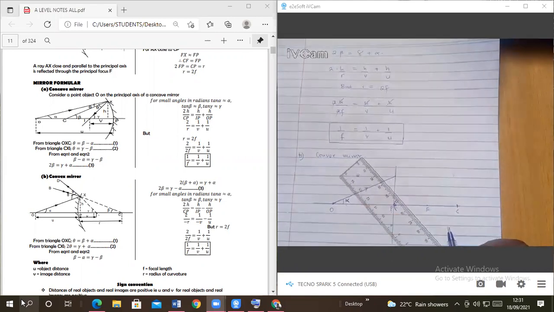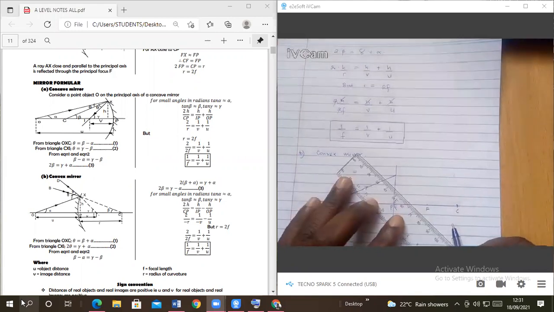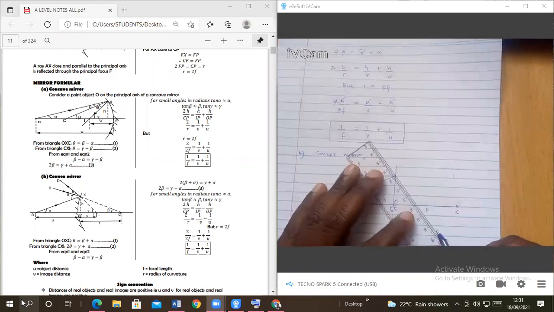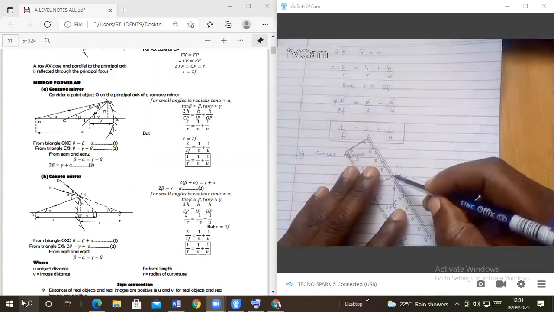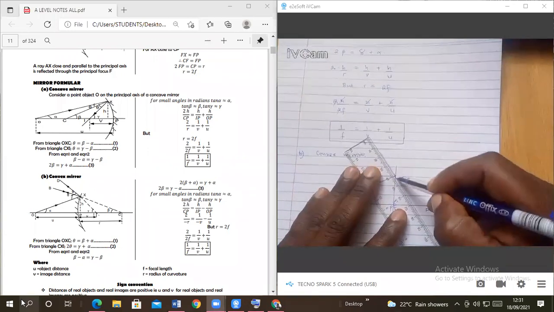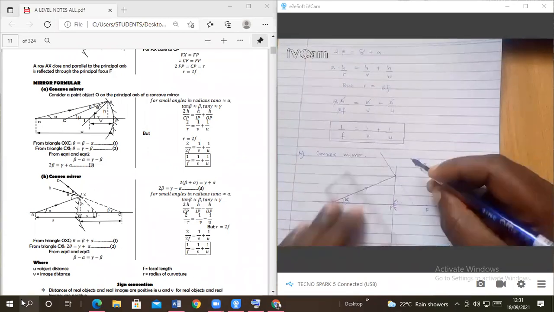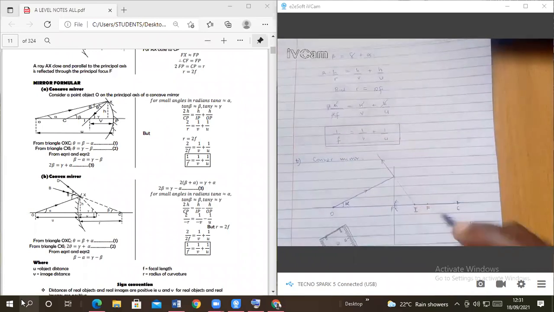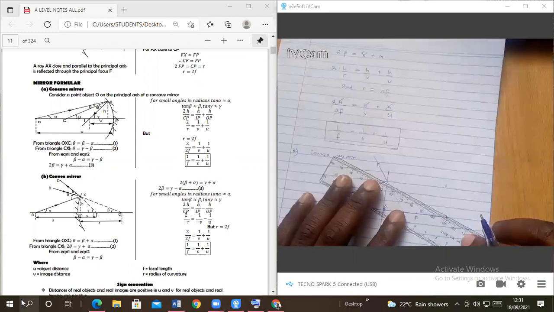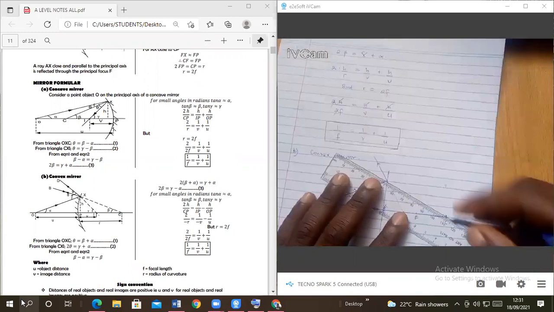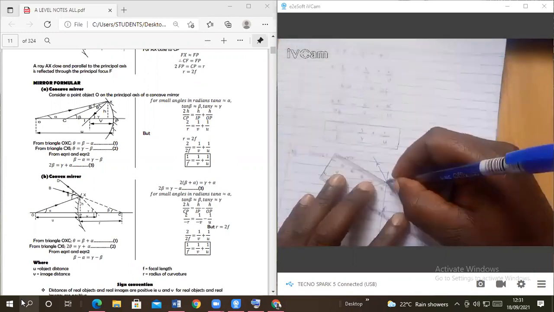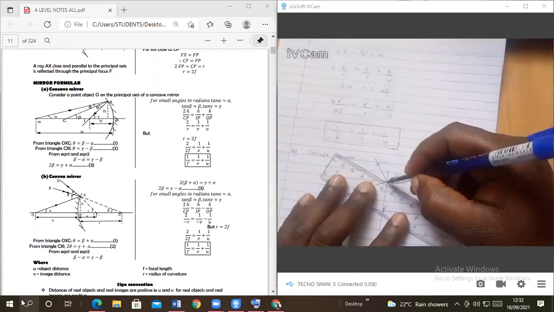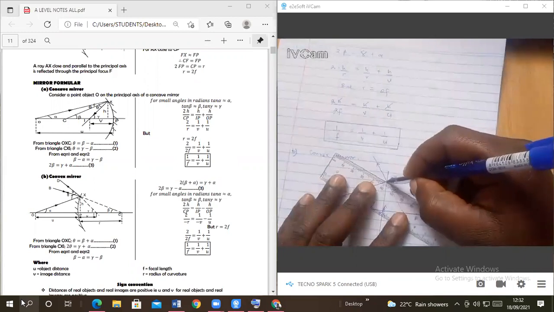Now, we are going to draw this ray after reflection. It has to form an image. So normally the image is somewhere here, it cannot be at F, somewhere there. Right, so this is where the image is, I. Now, the other ray that passes through the center of curvature to the mirror is not reflected. It passes through.